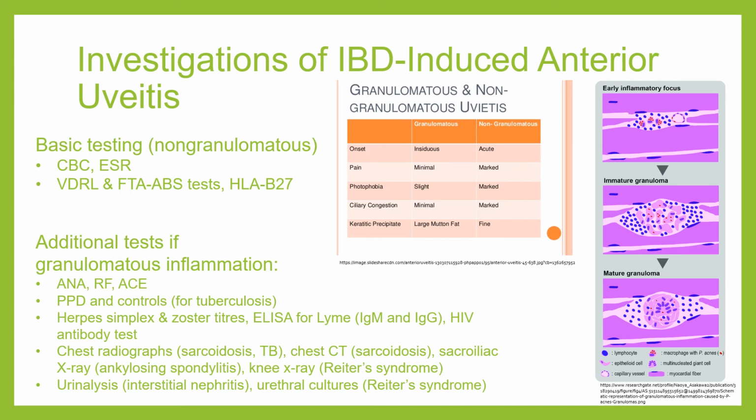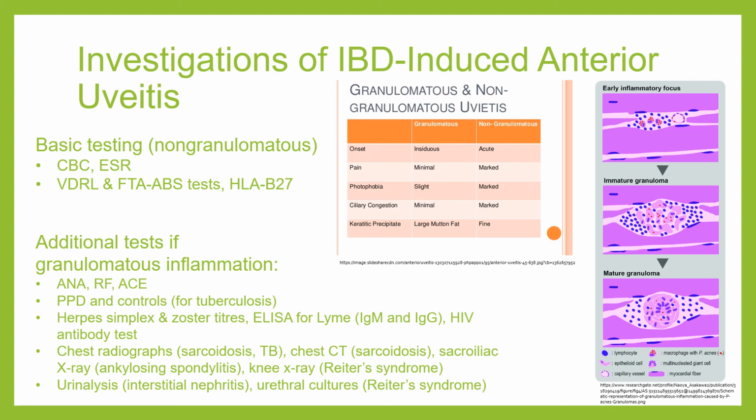presentations. If the inflammation is granulomatous, you can also work up for ANA, rheumatoid factor, and ACE, which is angiotensin converting enzyme, to rule out sarcoidosis, PPD and controls for TB, herpes simplex and zoster titers, ELISA for Lyme disease, and HIV workup as well.